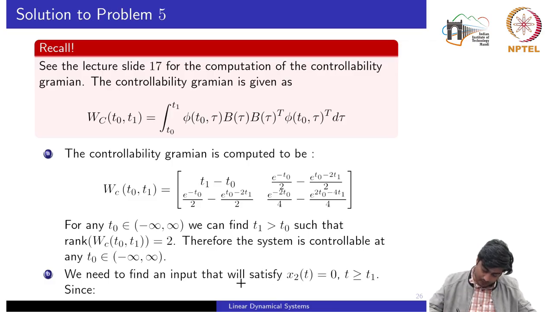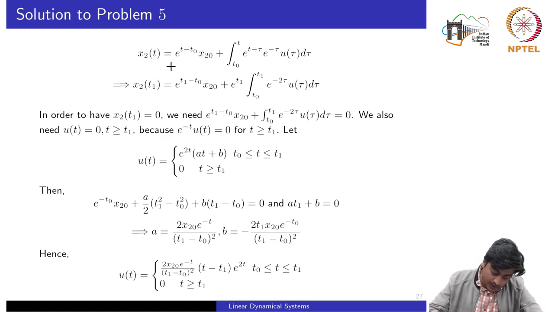We need to find an input that will satisfy x2 equal to 0 for all t greater than or equal to t1, because x2 at t1 should reach 0. Now if you see the solution of only this state equation, we can express the solution in this way, where the state transition matrix would be an exponential term because of the non-dependence of the A matrix on time t.